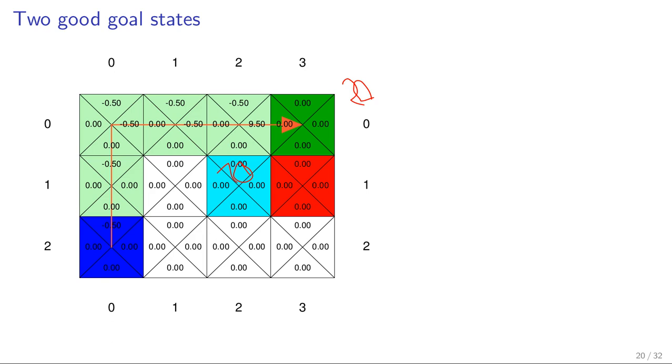But sometimes it manages to go to that other state, which, by the way, has double the reward, plus 20. And you see that now already the Q values tell you that this is something better, and that you should really be going for that one. So that's the key idea.